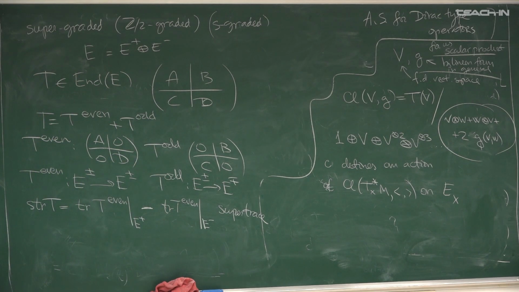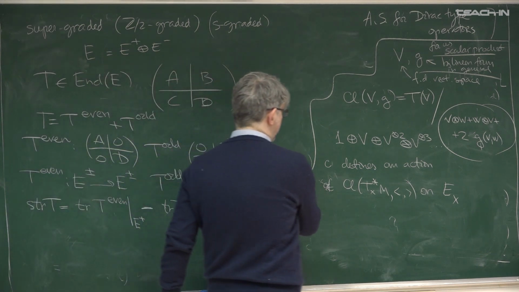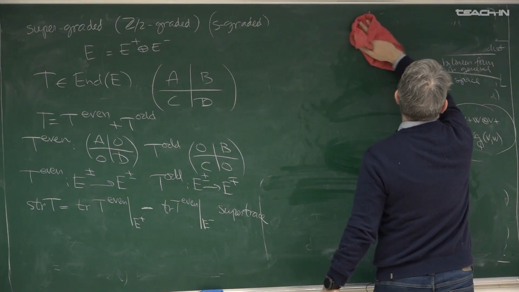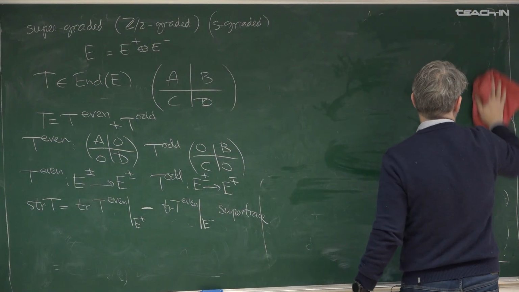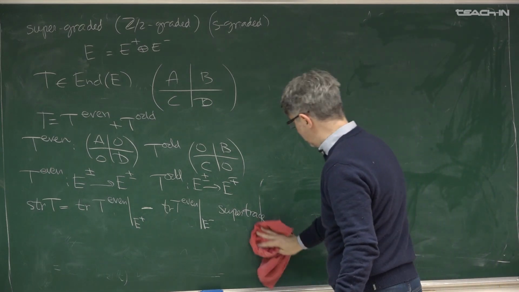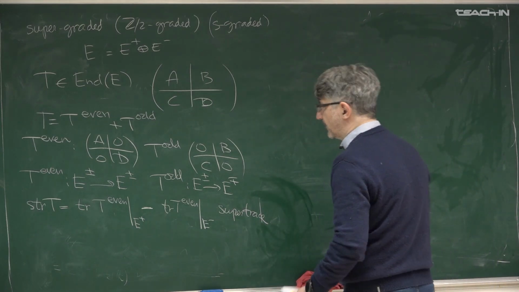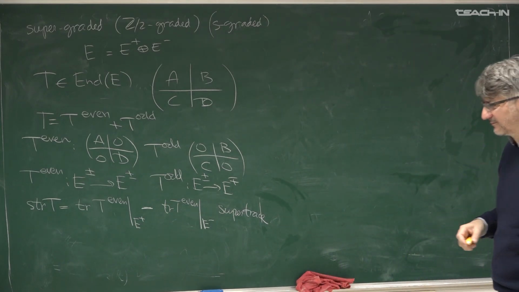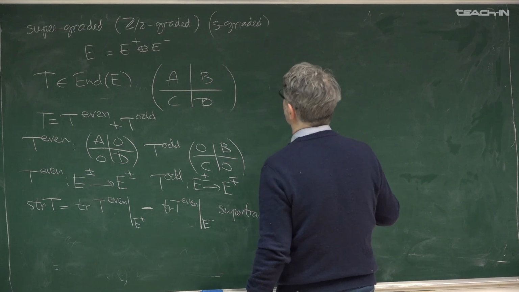Well, the next question is, what is a superalgebra? Why do we need this discussion? Because a Clifford algebra is a Z2 graded algebra, or superalgebra, and it's natural to consider a supertrace inside it.